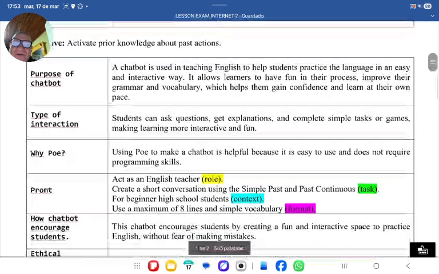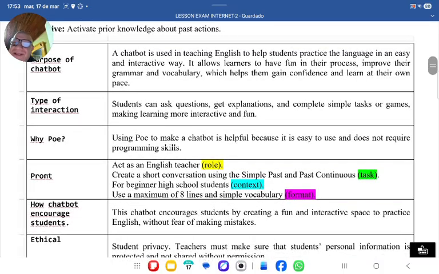The type of interaction they will have with the chatbot is that the student can ask questions, get explanations from the chatbot, and complete simple tasks or games depending on the order we give to the chatbot, and learn in an interactive and more fun way.